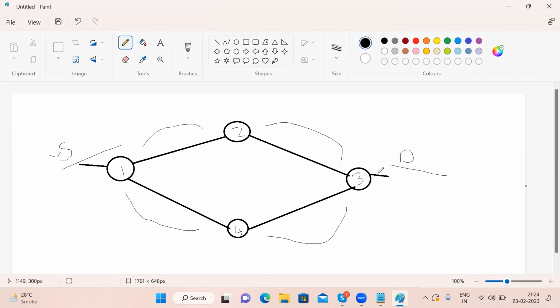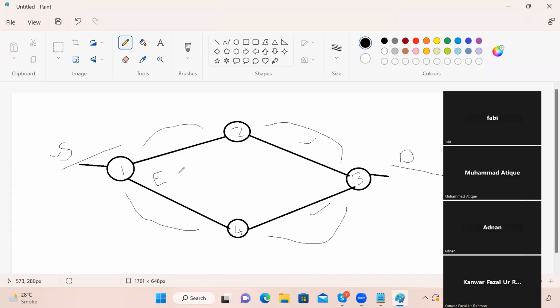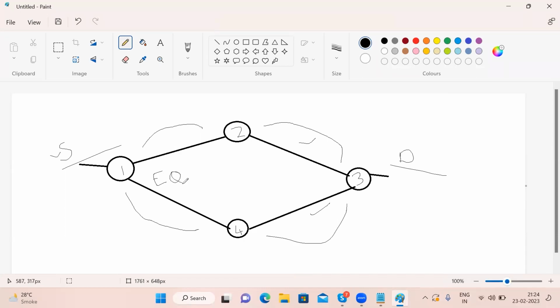To reach the specific destination, you are getting the same number of hops. In this case, what will router 1 do? Router 1 will perform equal cost load balancing to reach the specific destination.